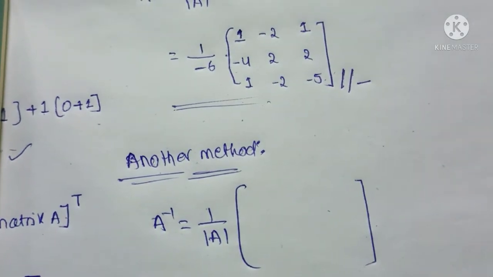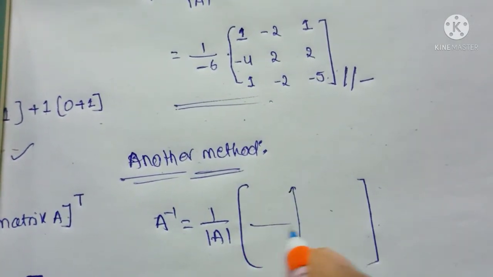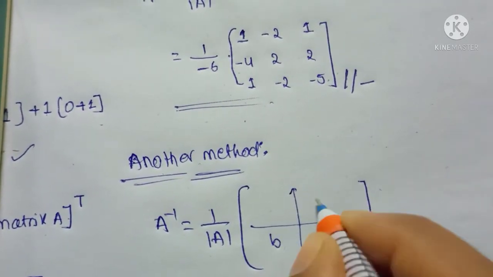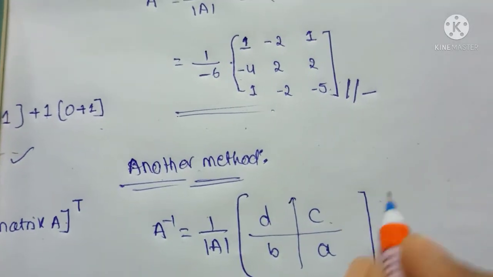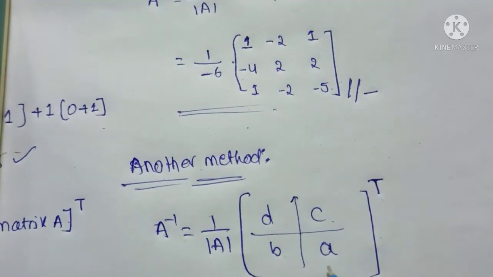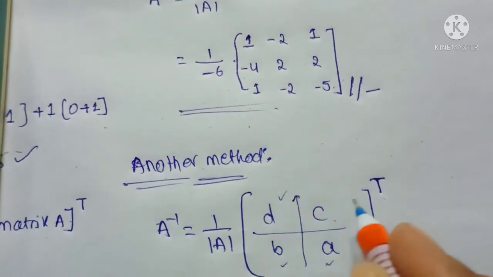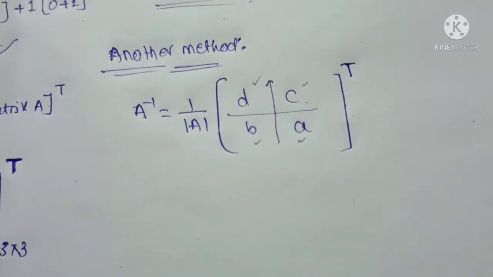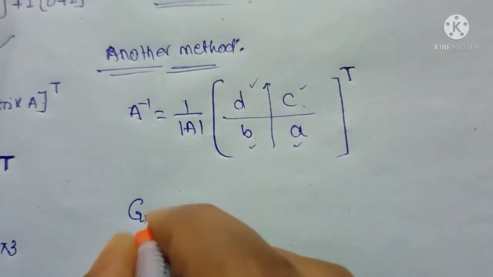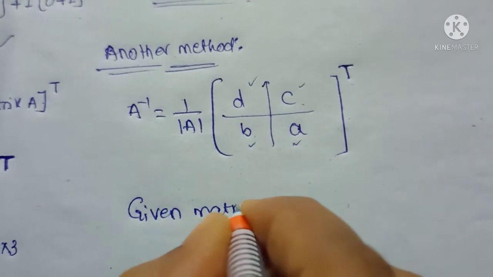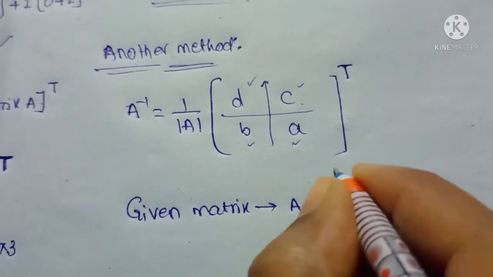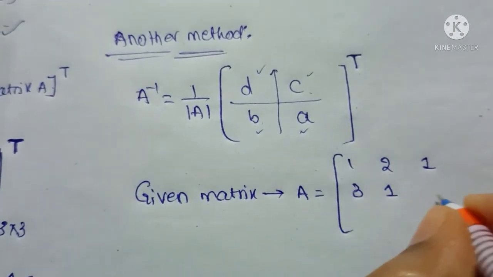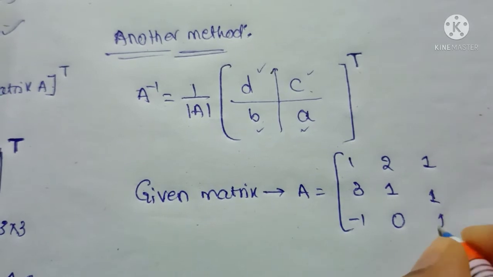You have to divide it into 4 parts, that is A, B, C, D, and then take the transpose. Now the given matrix is A equal to [1 2 1; 3 1 1; -1 0 1].